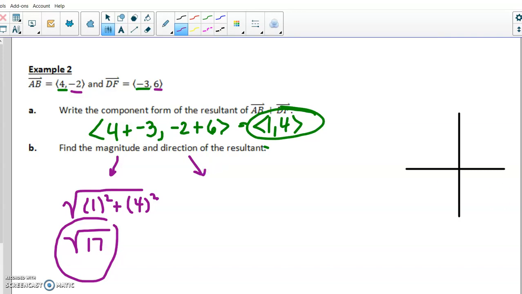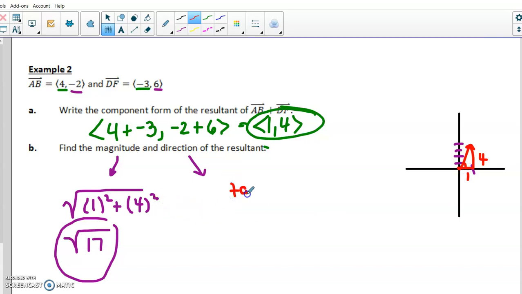To get the direction, it may help to see a visual. So this one had a horizontal component of 1 and a vertical component of 4. So this is what our vector looks like. Our tail is here. Our head is up here at 1, 4. So this is 1, this is 4. So when you go to find this angle, you're going to use tangent.